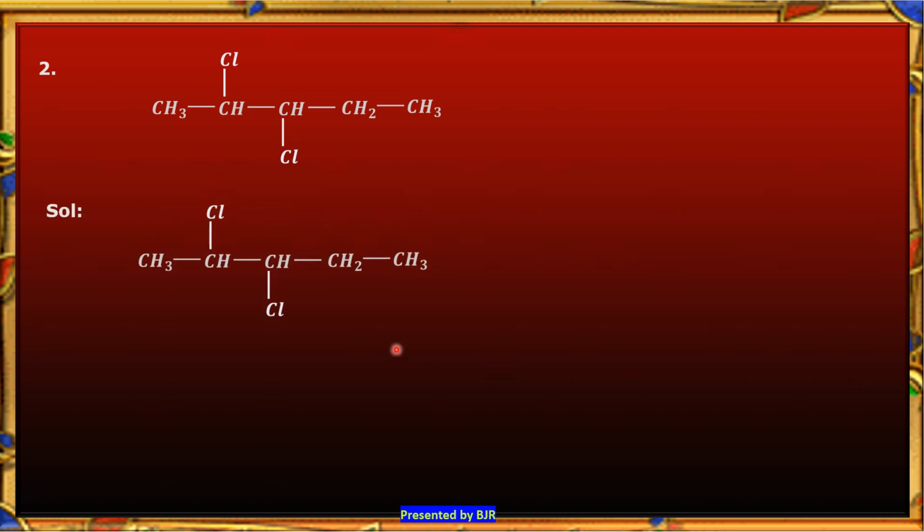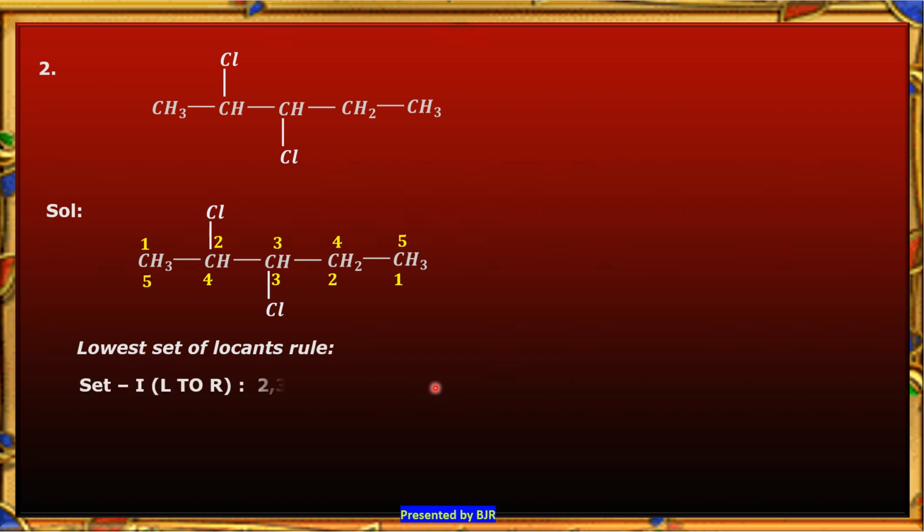Problem number 2. See here, solution. This one is the longest chain, numbering from left to right and from right to left. Later we have to decide which way of numbering is correct. I am using the lowest set of locants rule.